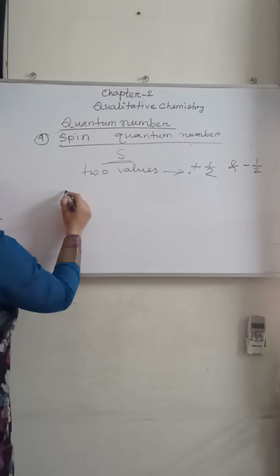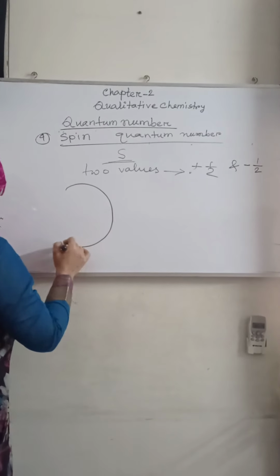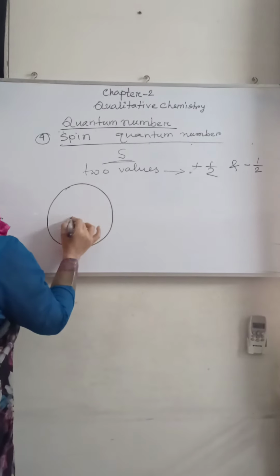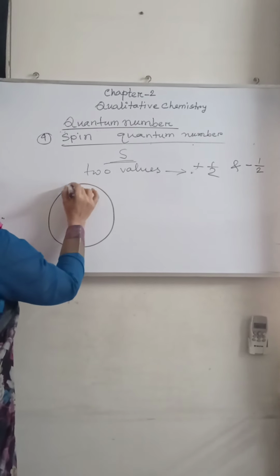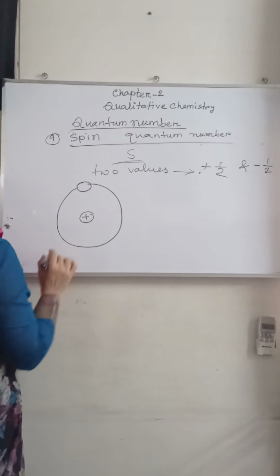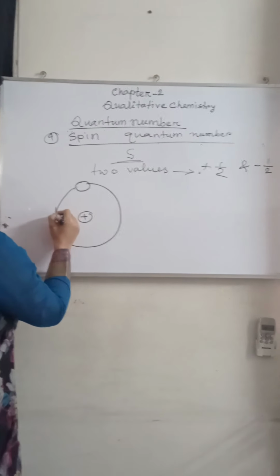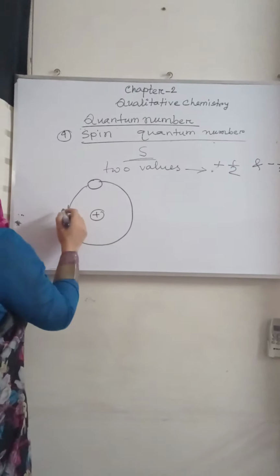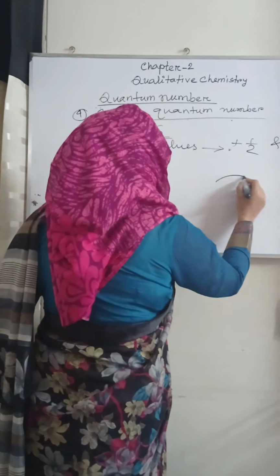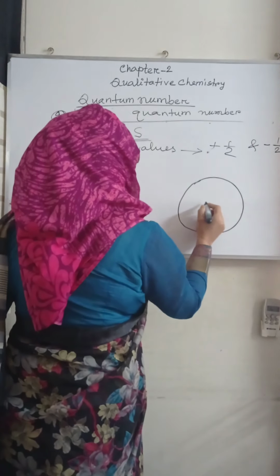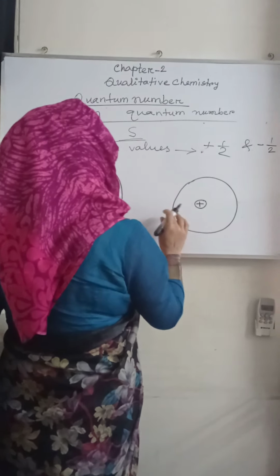You know, an electron moves around the nucleus. This is an electron. This electron moves around the nucleus. And the electron also moves around its own axis.